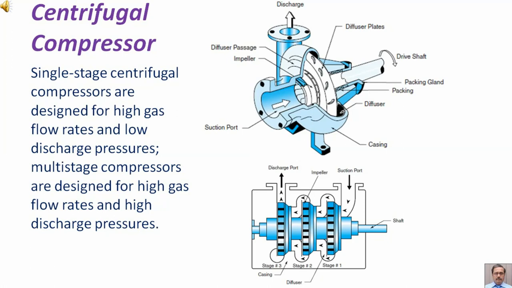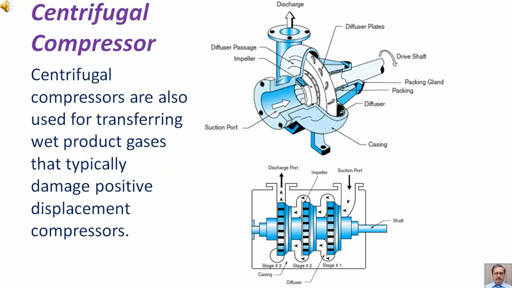Single stage centrifugal compressors are designed for high gas flow rates and low discharge pressures. Multi-stage compressors are designed for high gas flow rates and high discharge pressures. Centrifugal compressors are also used for transferring wet product gases that typically damage positive displacement compressors.